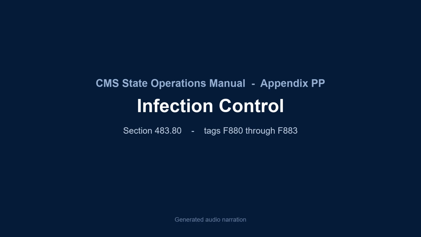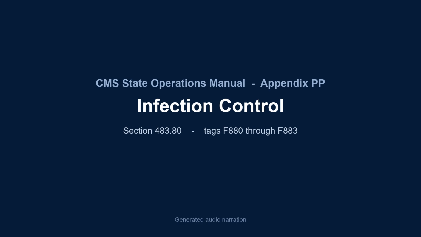F880 for concerns related to infection prevention and control. F881 for concerns related to the antibiotic stewardship program, and F945 for concerns related to staff training on the standards, policies, and procedures of the infection prevention and control program.